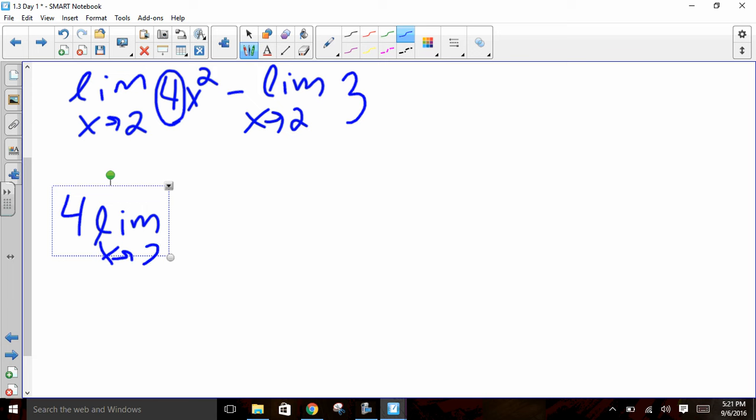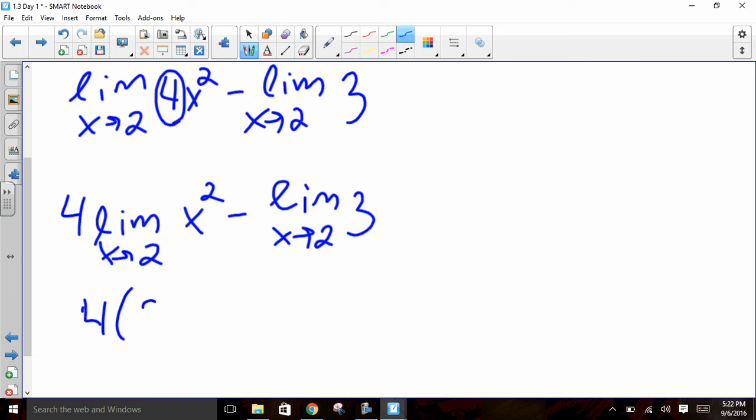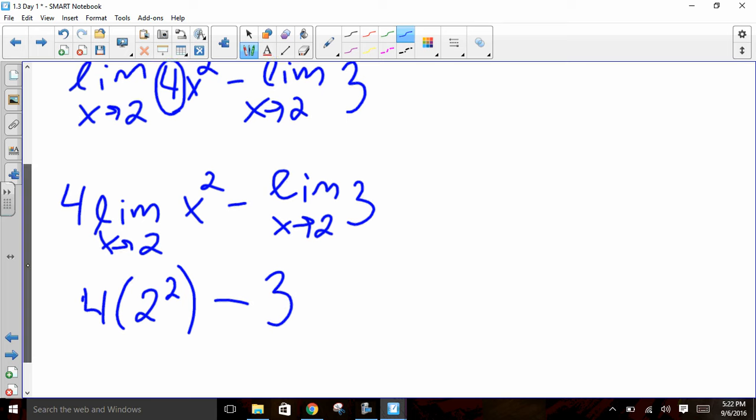So limit as x approaches 2 of x squared minus the limit as x approaches 2 of 3. Kind of like if you're thinking about our logarithm rules, I'm pulling out some stuff there. Well, now that I have x by itself, I have 4 times 2 squared, because I can plug that in now, minus the limit as x approaches 2 of 3, which is just minus 3.